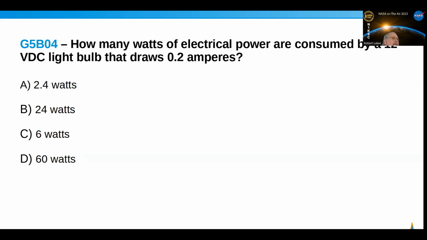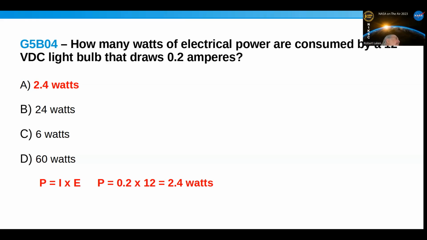You think it's delta? 2.4 watts. It's alpha, 2.4. 0.2 times 12.